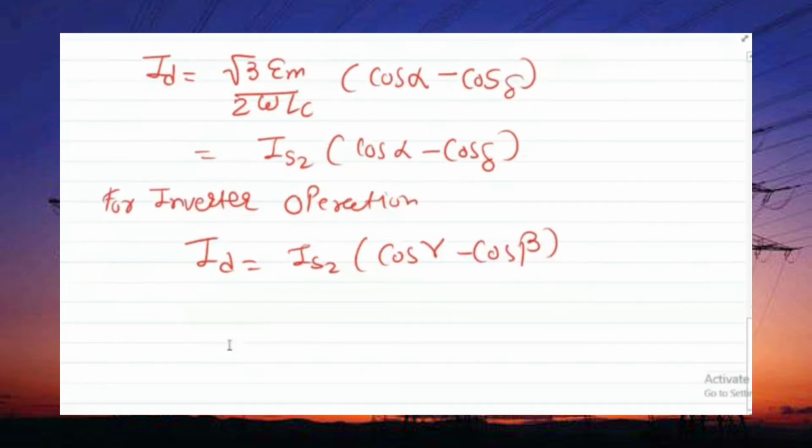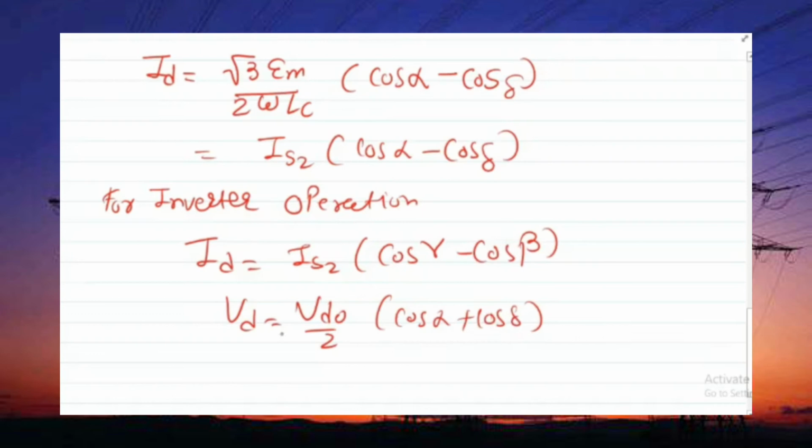Similarly, for rectifier operation, we already wrote one equation, Vd is equal to Vdo by 2 into cos alpha plus cos delta, right? So again put the value of cos alpha is equal to minus cos beta and cos delta is equal to minus cos gamma.